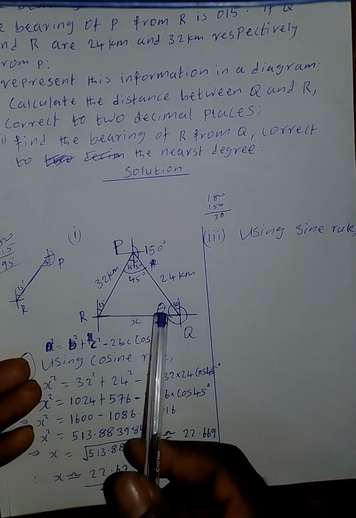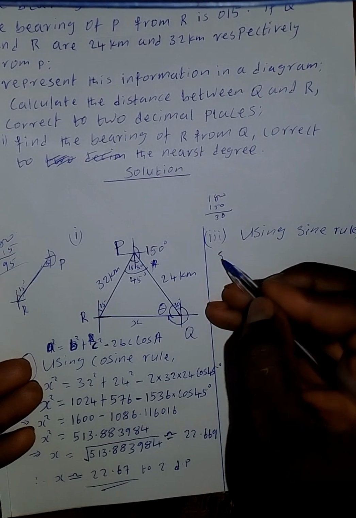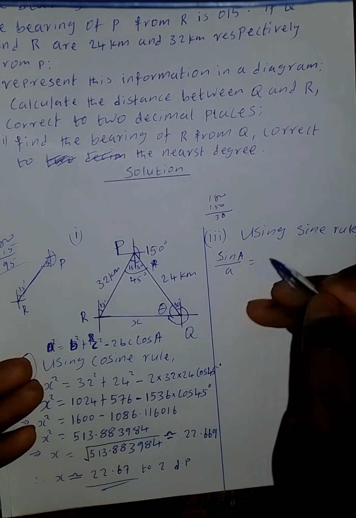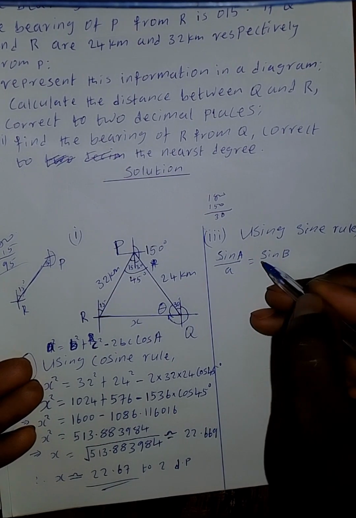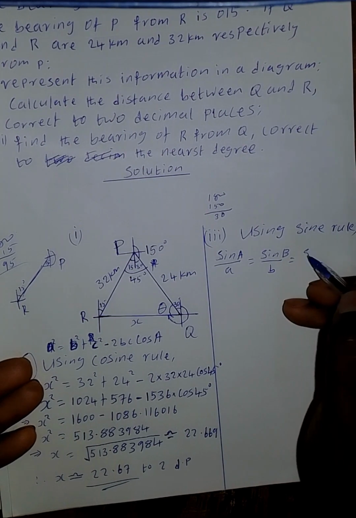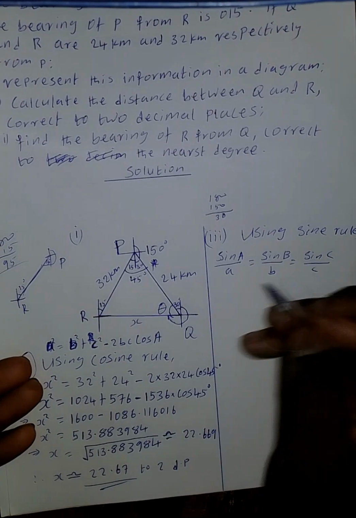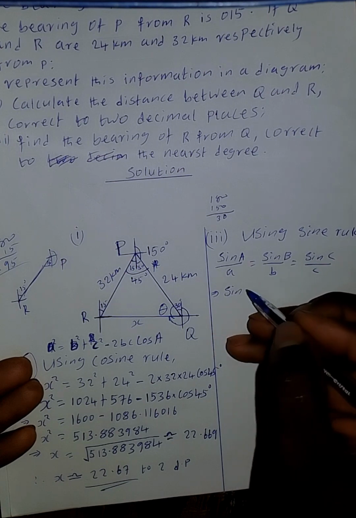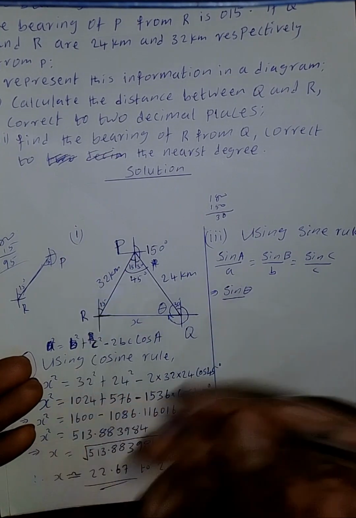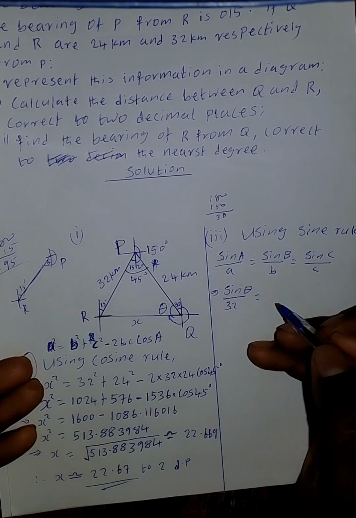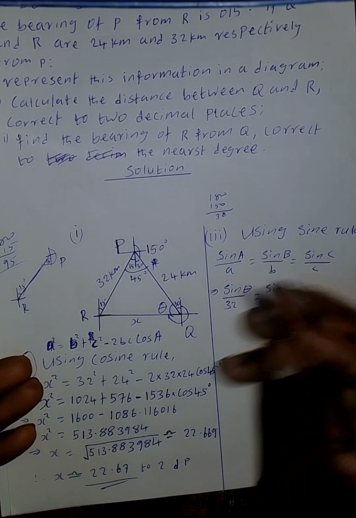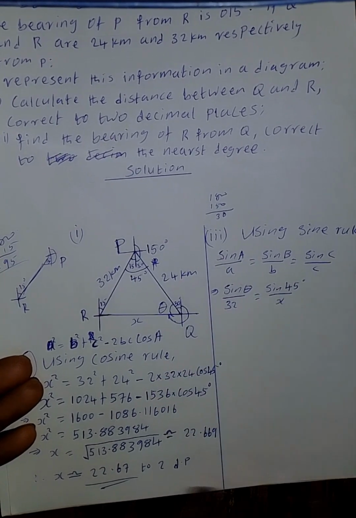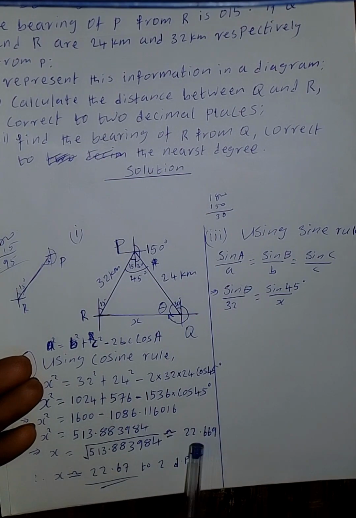The main formula is sine A over A is equals to sine B over B is also equals to sine C over C. This means that sine theta over 32 would be equals to sine 45 degrees over x.